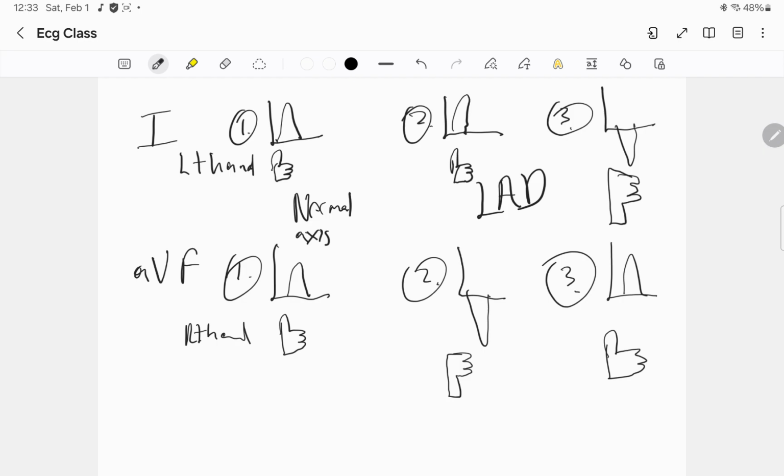So I can ignore my left thumb. We ignore the negativity and we're going in the direction of my right thumb. So that's right axis deviation. And there you go. So you can just look at ECGs, use your thumbs, and you can know what axis we're working with. So now we're going to go through a few examples of real ECGs.